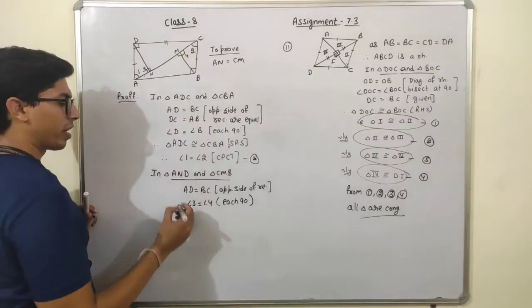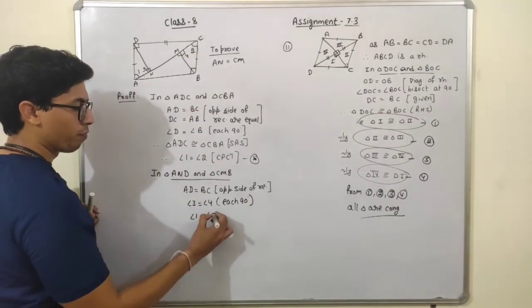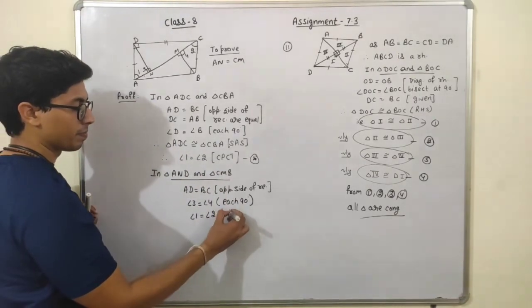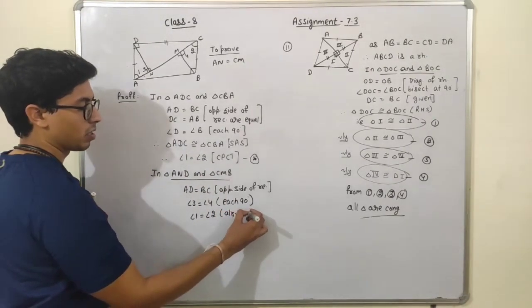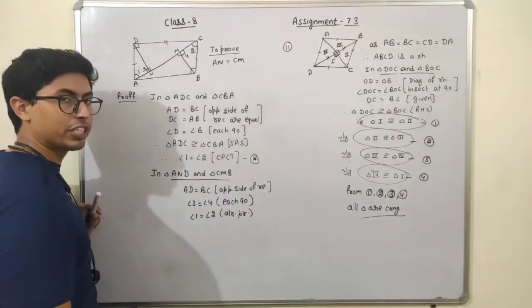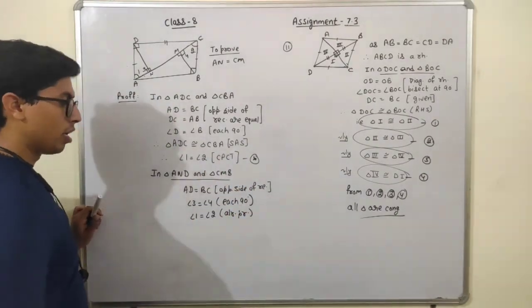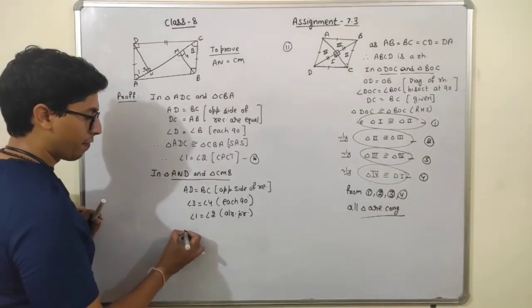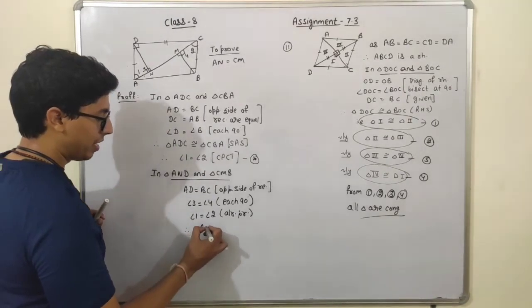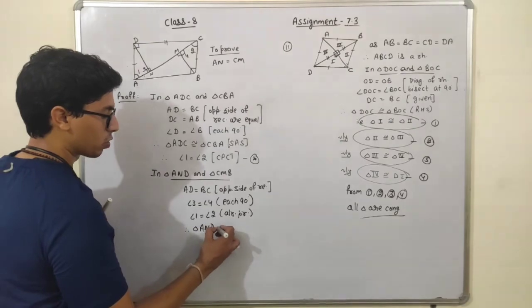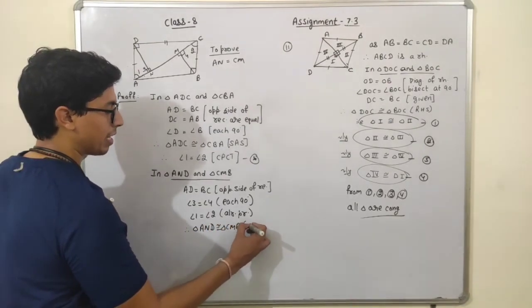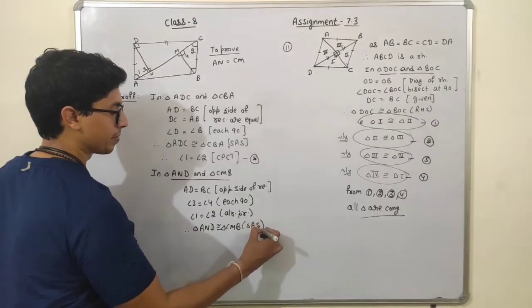Angle 1 is equal to angle 2. I have already proved this, or I can say using the star equation. So see, now two angles are there and a side is there. Therefore, I can say that triangle ADN is congruent to triangle CMB by SAS property.